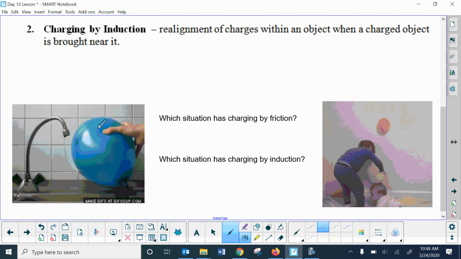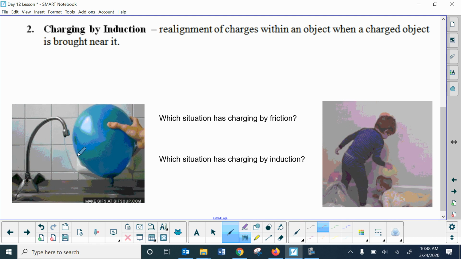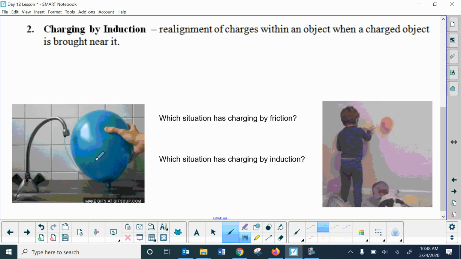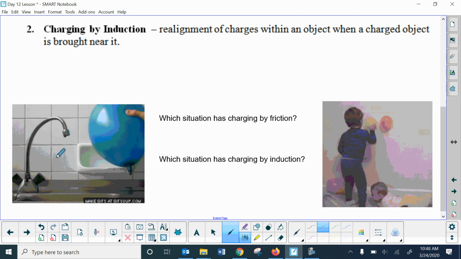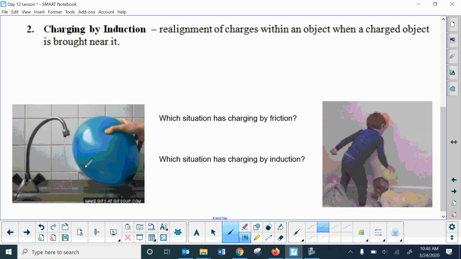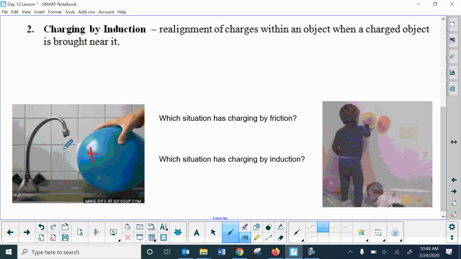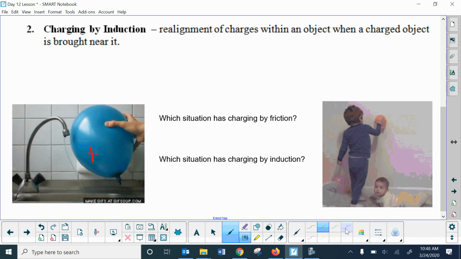If you take that charged balloon and bring it next to a stream of water that's just dripping down, you bring it close, this will happen at your house too, you get what's called charging by induction. So let's say the charged object is positive. It is attracting the negative parts of the water.